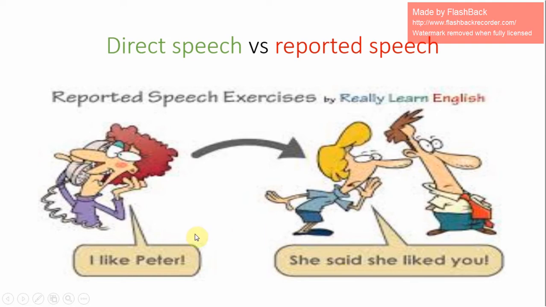Alright, so usually when we turn a sentence from direct speech to reported speech, there are certain things that we need to change. So look, for example, here, what did we change? I turns into she, or sometimes it turns into he if the speaker is a male.